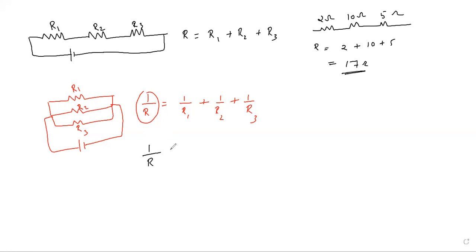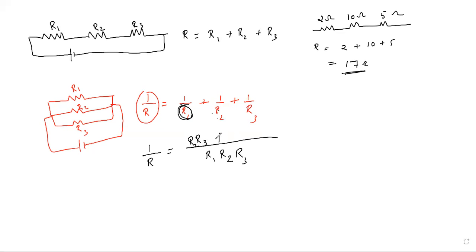So 1 by R is equal to, take R1, R2, R3 in the denominator, R1 into R2 into R3. The first term contains R1 in the denominator, and R2 and R3 are not present there, so multiply with R2 and R3.